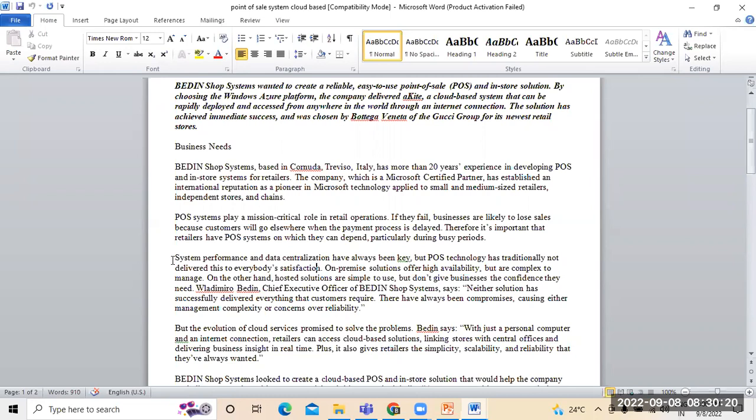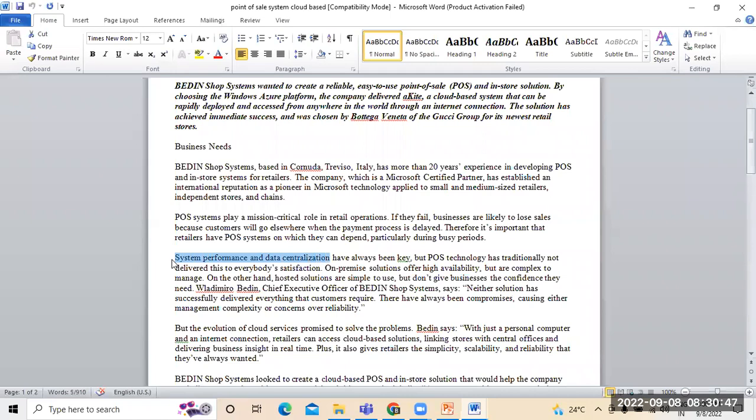That was the point. Now, coming back to the case study, if you take the existing traditional point of sale system, traditionally it should have this. That's what they were saying. But unfortunately, the traditional point of sale system doesn't have a provision for system performance and data centralization.